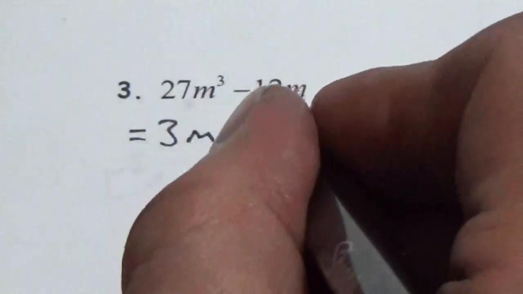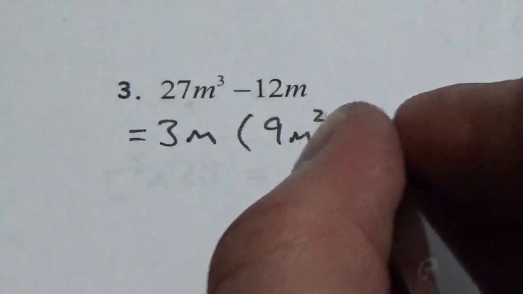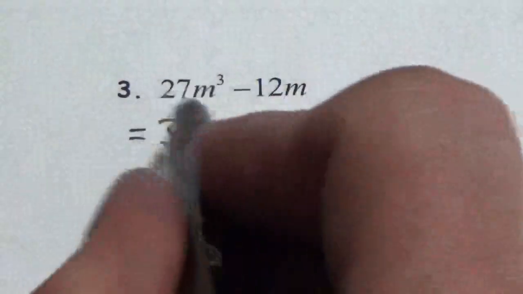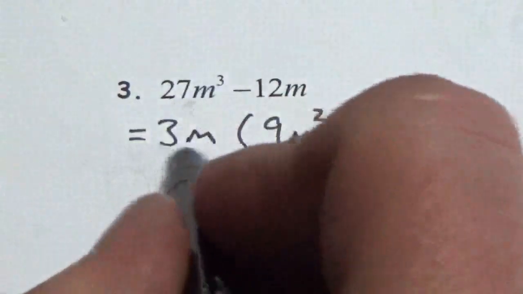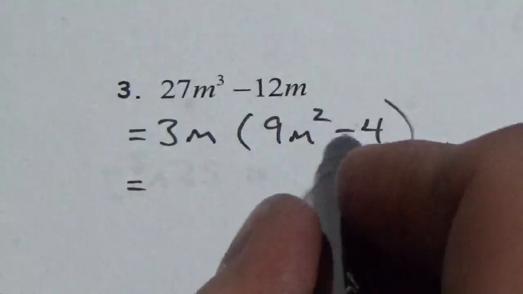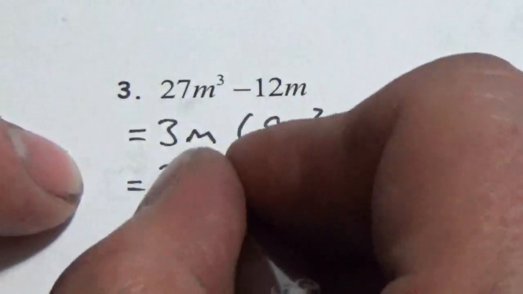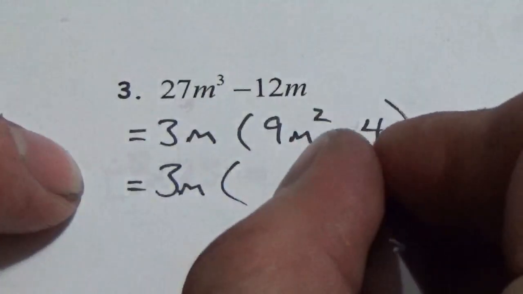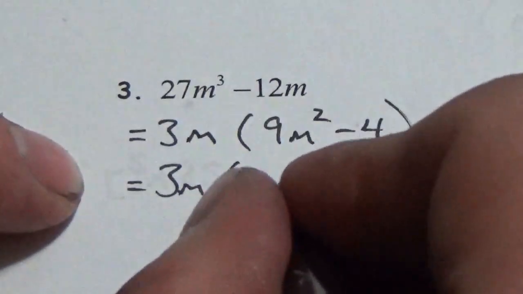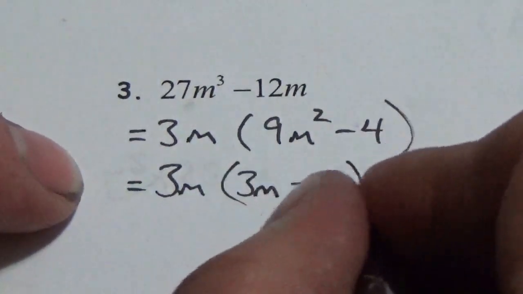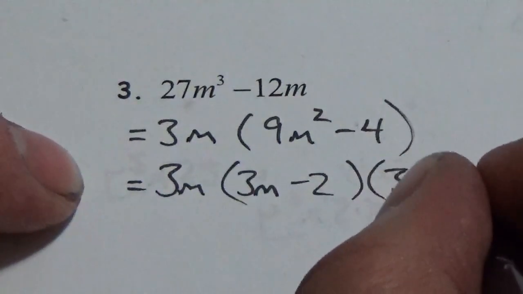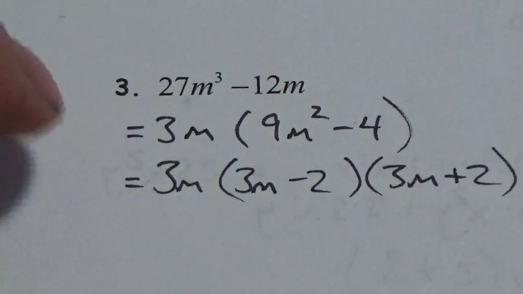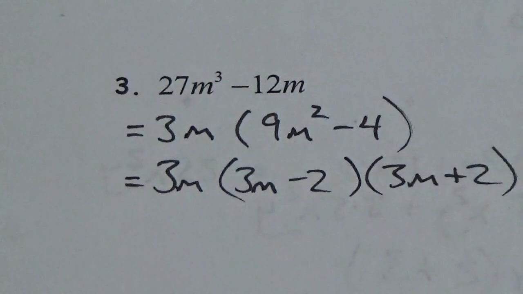And that's going to leave me with 9m squared minus 4. Okay? When I divide that out, remember I'm going to divide both of those terms by 3m here. And then what I'm left with when I take that out is a perfect square minus a perfect square. So this is a difference of squares. So it's going to be the square root minus the square root multiplied by the square root plus the square root. Okay, and so there we go. Difference of squares.